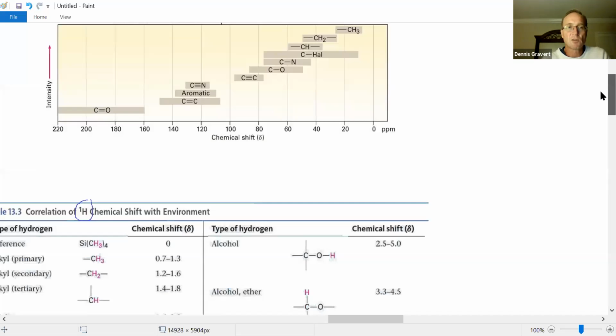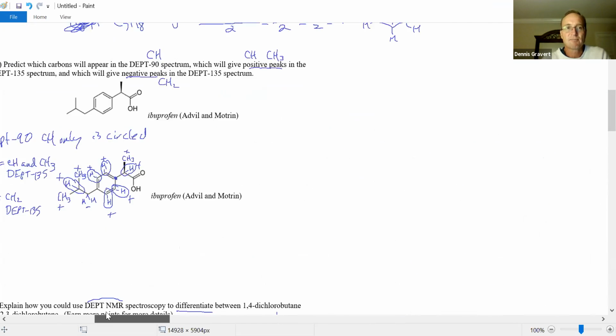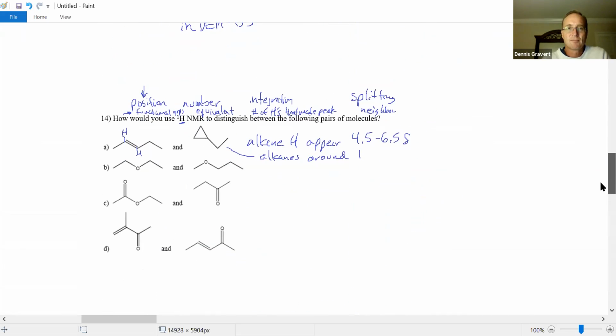So if you want to, you can grab these numbers. Primary alkyl group is 0.7 to 1.3. Secondary, if you want to write all that, you can. Or just say the alkanes are typically between 0.7 and 1.8 on the delta scale.